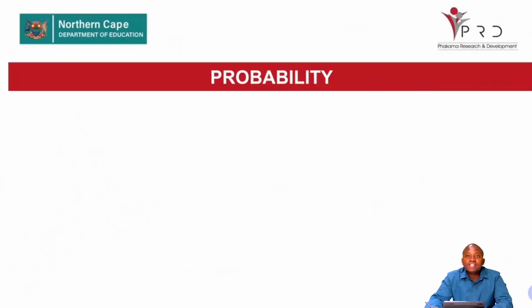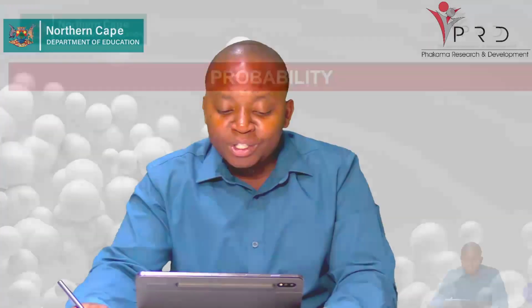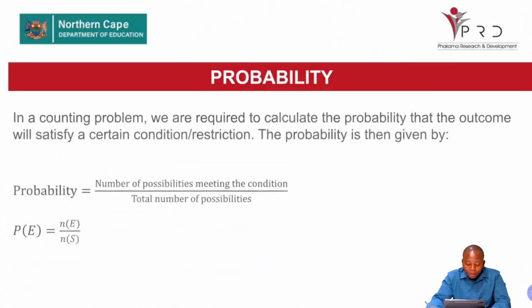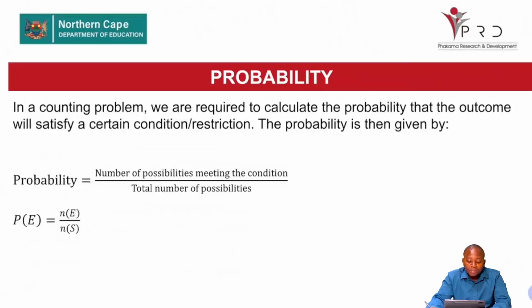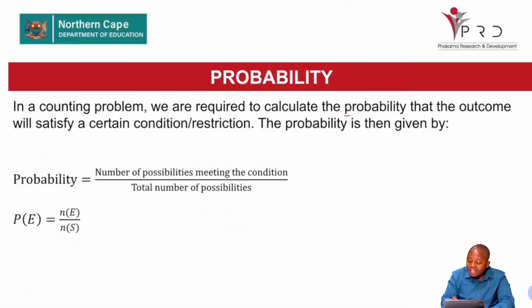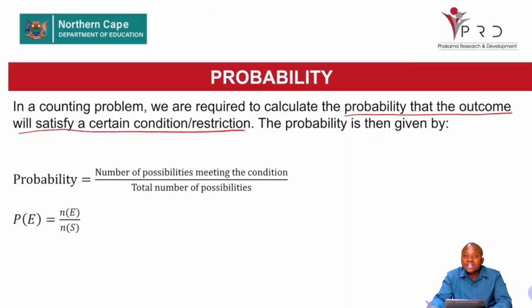Now, let us deal with the second part of counting principles. In the first part, we only did the counting. Now, let's talk about probability within counting principles. Remember, in a counting problem, we are required to calculate the probability that an outcome will satisfy a certain condition or restriction.